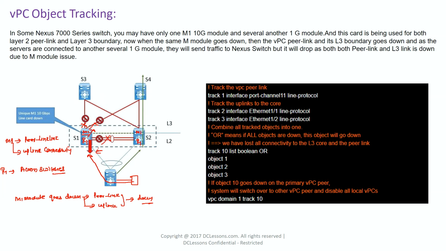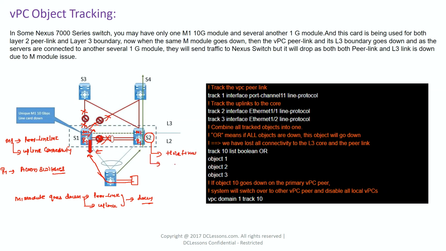So in order to protect this scenario, what can we do? We can do object tracking. If my M1 port goes down, my peer link goes down and my uplink connectivity has also gone down. Because my peer keepalive packet is alive, S1 is sending the keepalive packet to S2, and S2 will start the keepalive hold timer for 3 seconds.